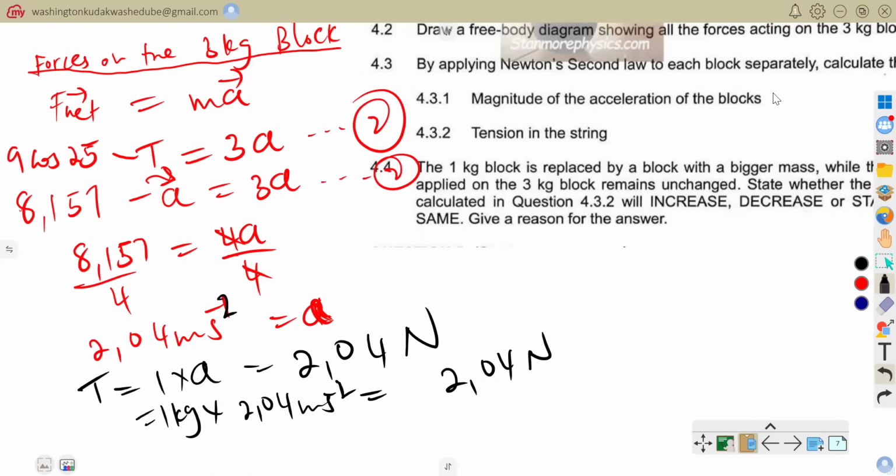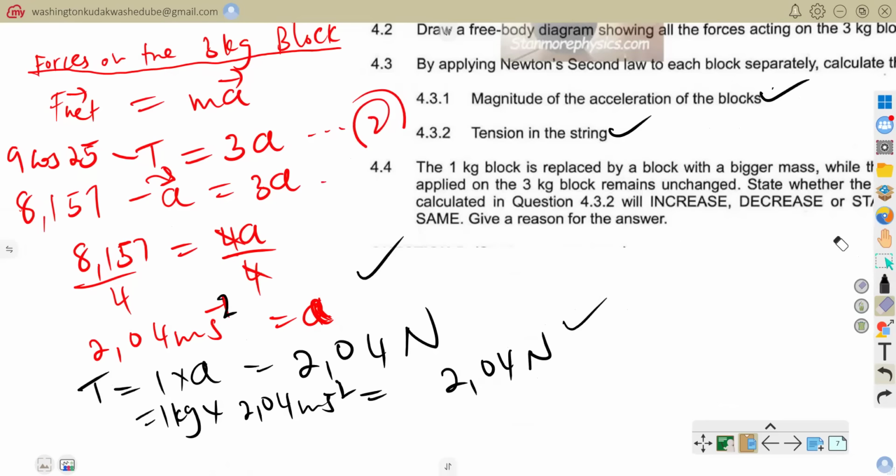That is how you calculate the magnitude of the acceleration and the tension in the string. The acceleration is 2.04 meters per second squared, and the tension is 2.04 newtons. So that is how you would have done it, by applying Newton's second law on all blocks.